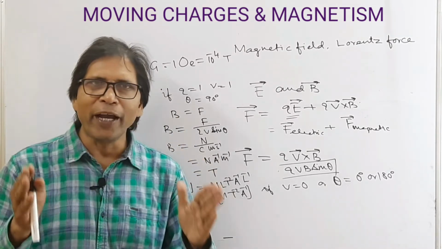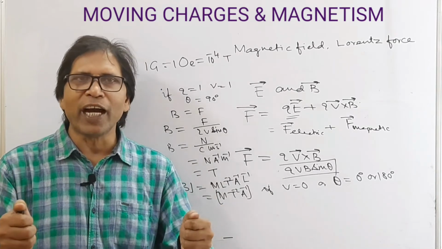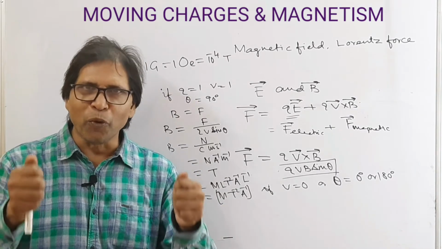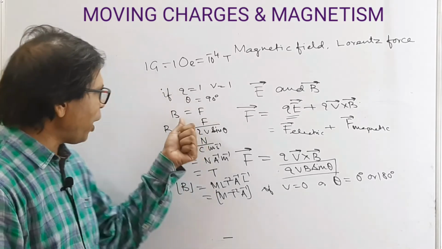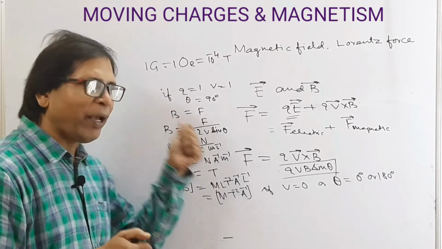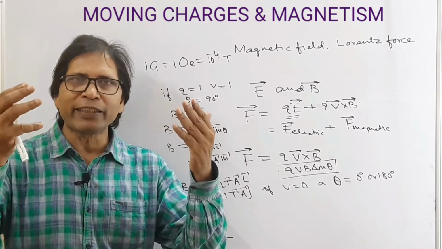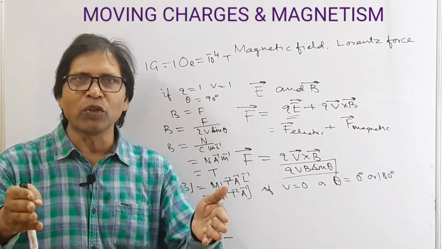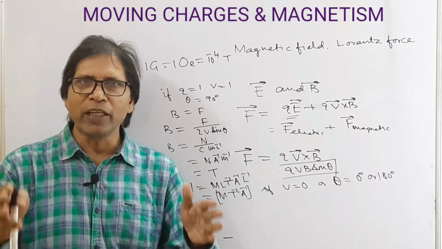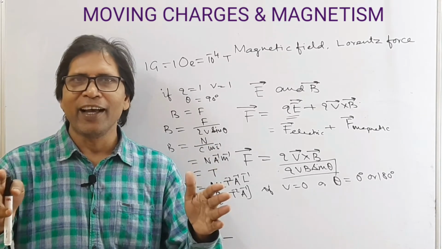So Tesla is defined as: if 1 Coulomb charge moves with velocity of 1 meter per second perpendicular to the direction of magnetic field, and force experienced by the charged particle is 1 Newton, then the magnetic field is called 1 Tesla.